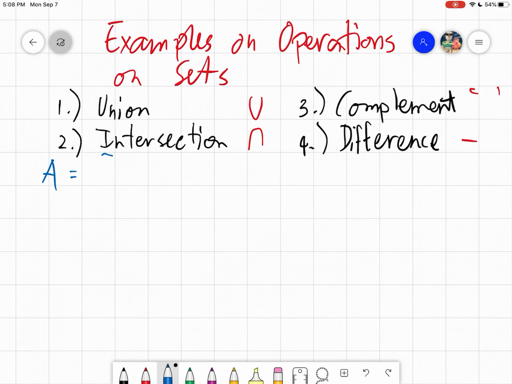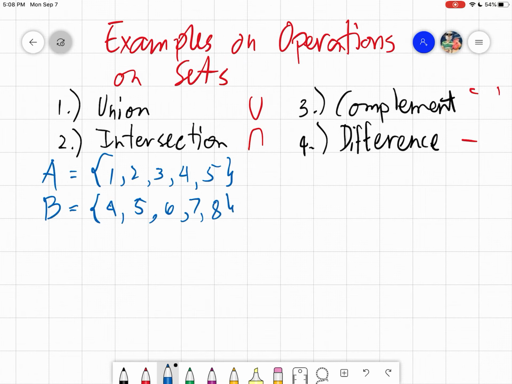First one, we have set A, and let's denote set A as 1, 2, 3, 4, and 5. You will also have set B, which is of course 4, 5, 6, 7, and 8. You will also have set C, which is simply 6, 7, 8, 9, 10.